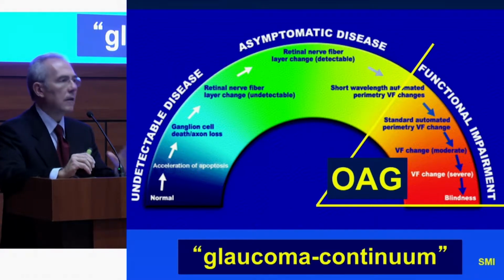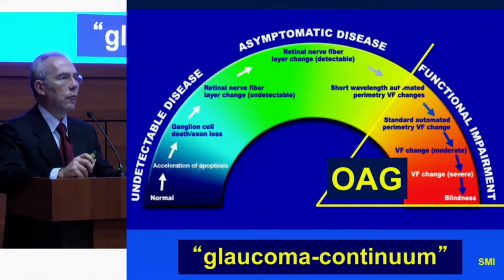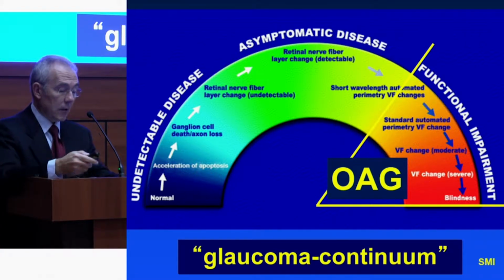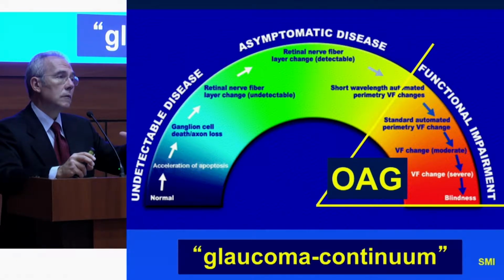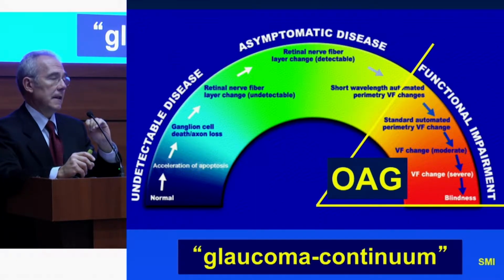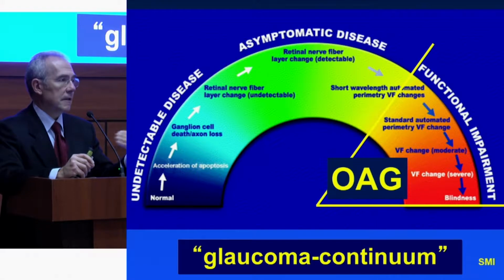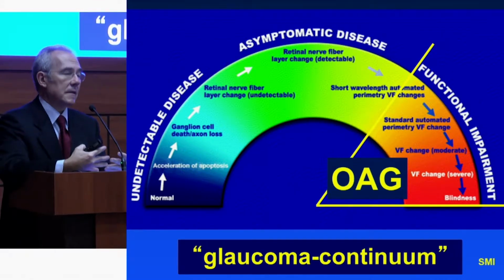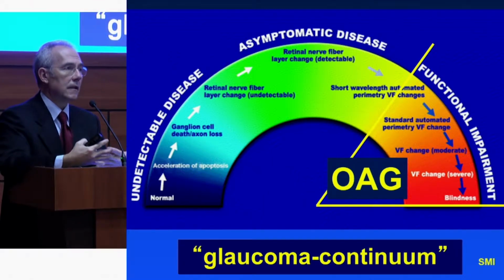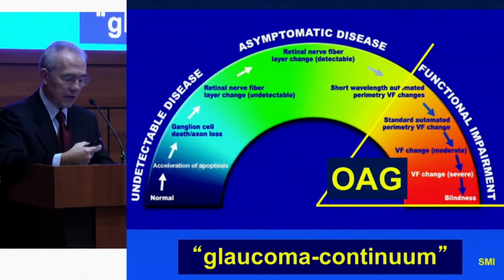When we talk about the glaucoma continuum, as you see in this rainbow developed by Bob Weinreb some years ago, there are progressive changes that start, of course, at the level of the structure, at the level of the retinal fiber layer, but then the visual field becomes the most important diagnostic tool in order to monitor our patient.